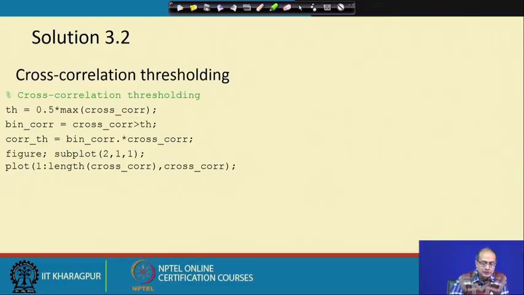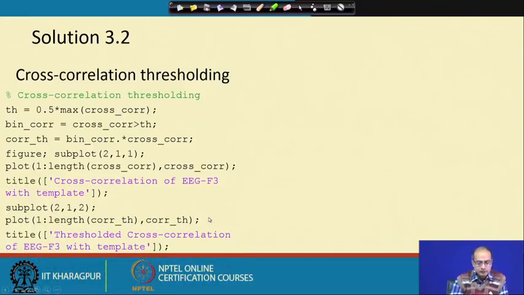Now, we would like to see how it looks. We again use the subplot command. The top portion we have taken 2 1 1 and plotting the cross correlation first. Next, we are taking plot 2 1 2, that means the lower half, and we plot the thresholded cross correlation, that is given as cross TH, the thresholded cross correlation coefficient.